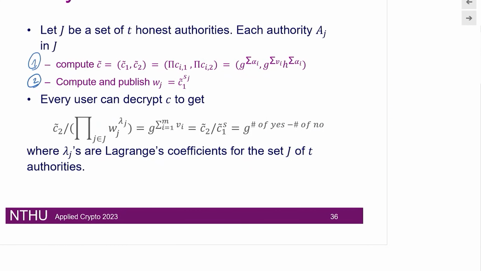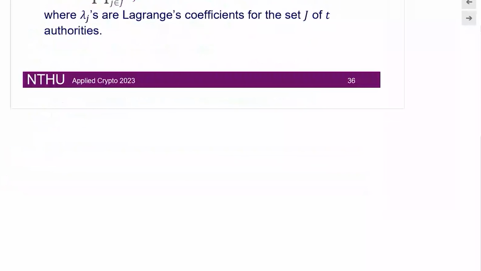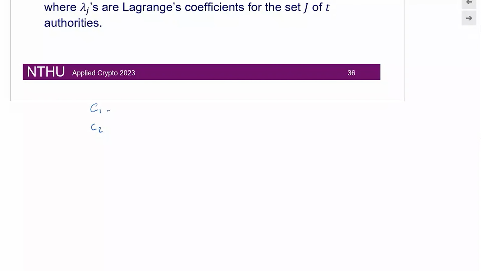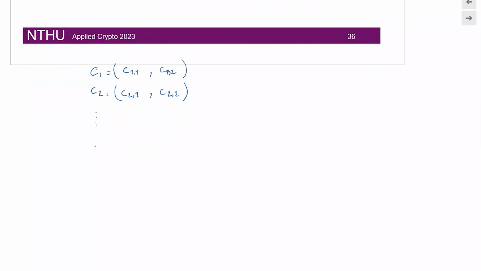After we do all the multiplications, suppose that this is my C1, equal to C_{1,1} and C_{1,2}, and this is equal to C2, which is C_{2,1}, C_{2,2}, all the way to Cn, which is C_{n,1}, C_{n,2}.